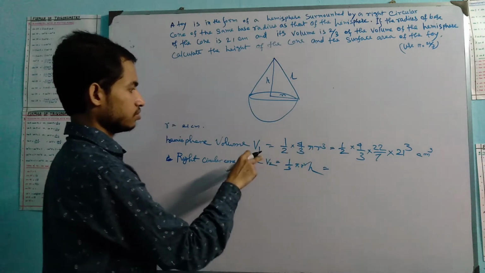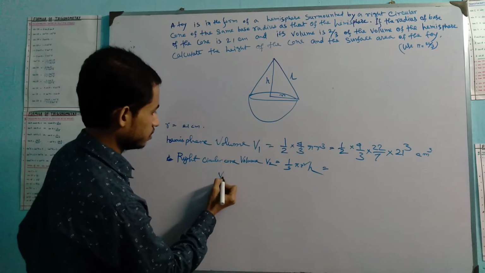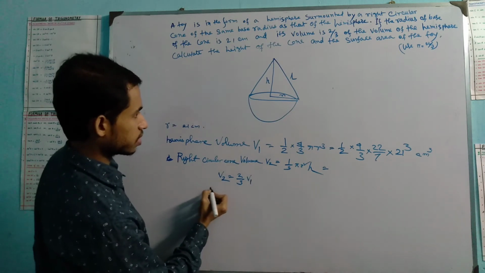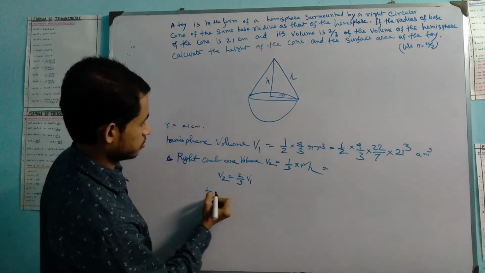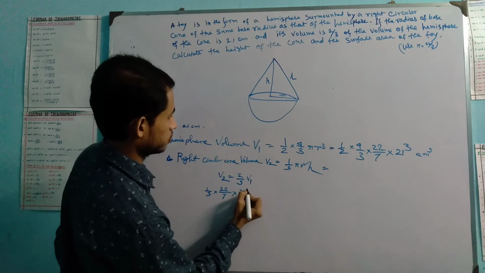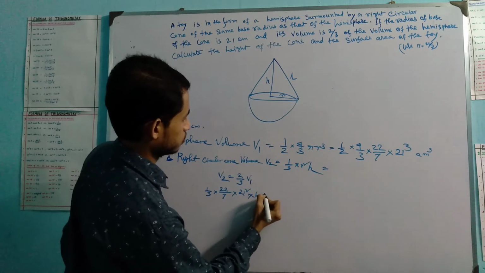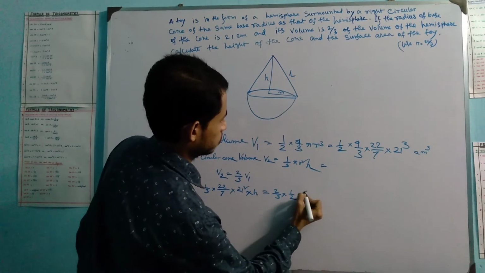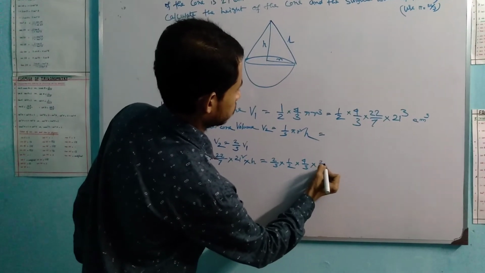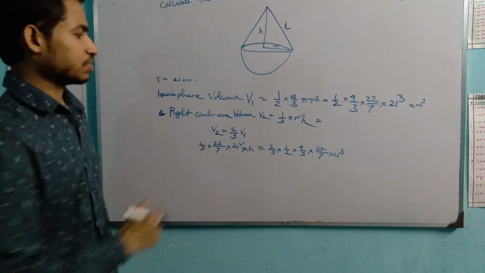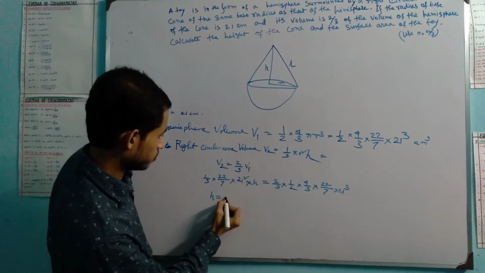Now, equating the values of V2 and V1 as per the question, and eliminating the common terms, we get h equals 28 centimeters.